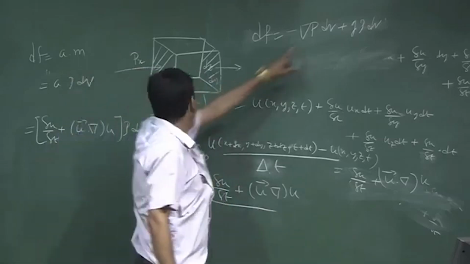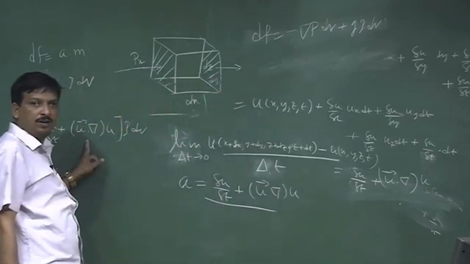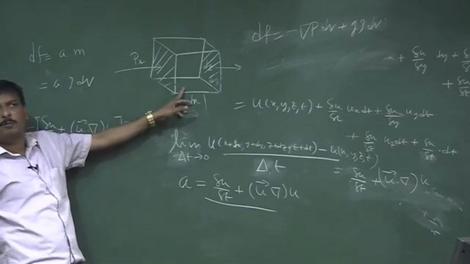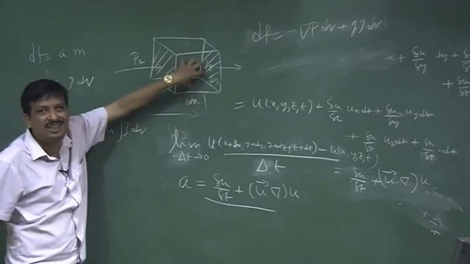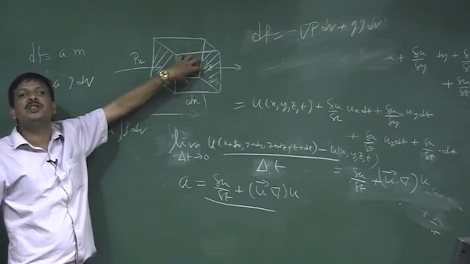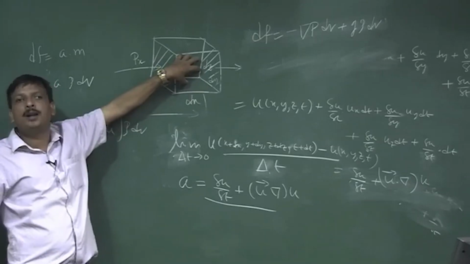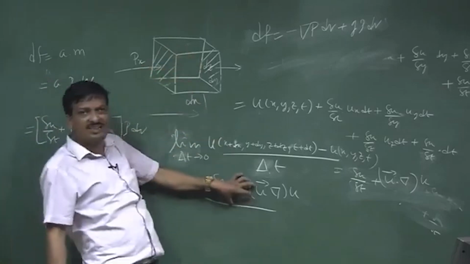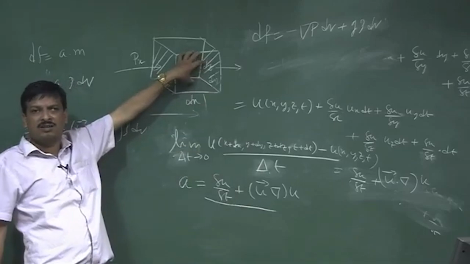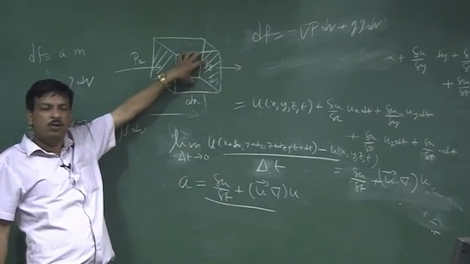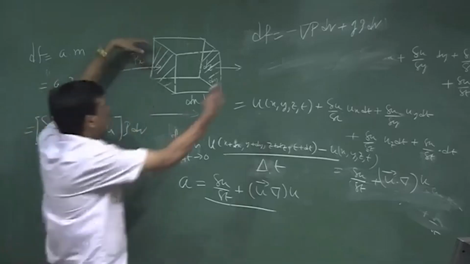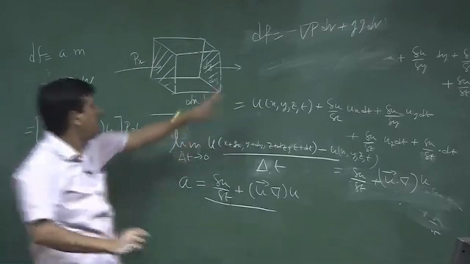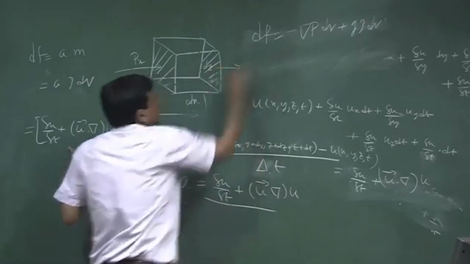So this and this must be equal, because the difference of the force acting inside the volume is produced by the particle acceleration inside the volume. The particle acceleration multiplied by the mass is equal to the total force. The total force is the force applied from all directions minus the force exiting in all directions. So in that case this and this must be equal.